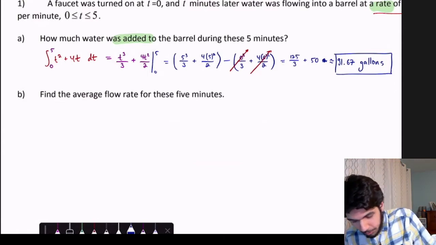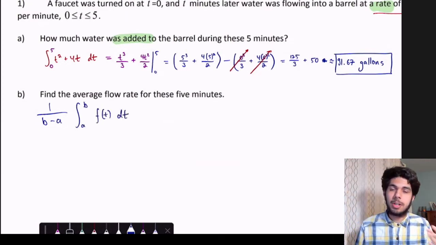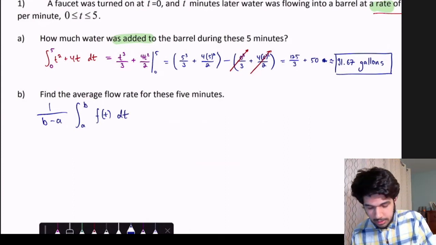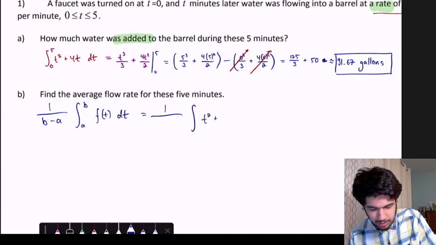The formula is 1 over b minus a times the integral from a to b of f of t dt. That's our formula for the average value of a function. So now we just have to substitute and solve. This is going to be equal to 1 over something, but I'll leave that something for now. Integral of f of t, that's the easy part, that's t squared plus 4t, which is given to us.